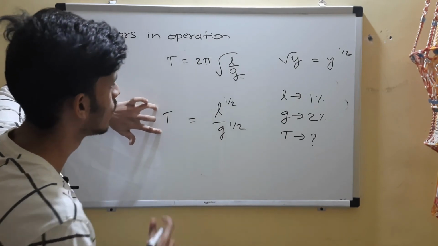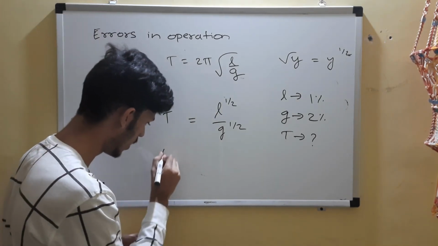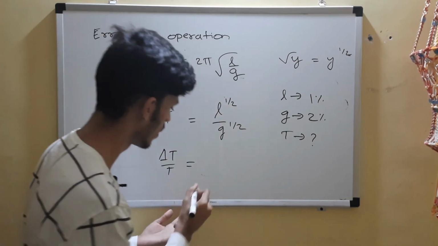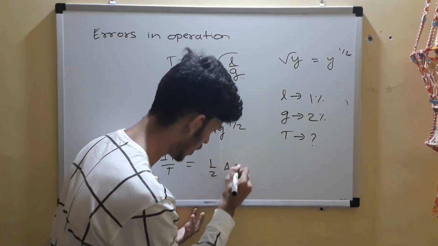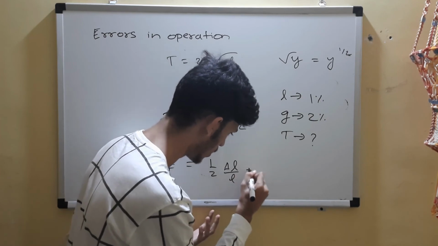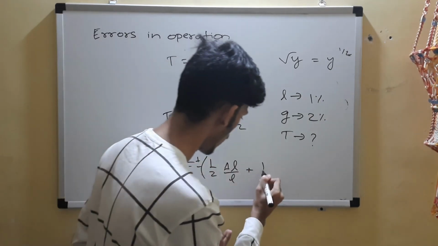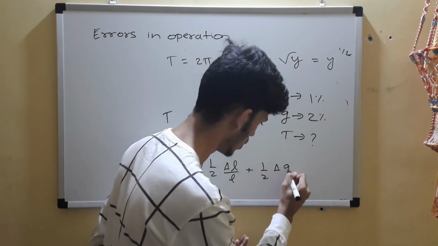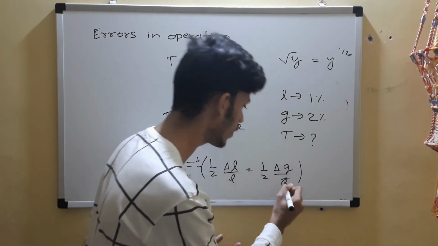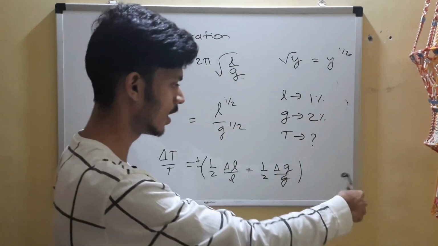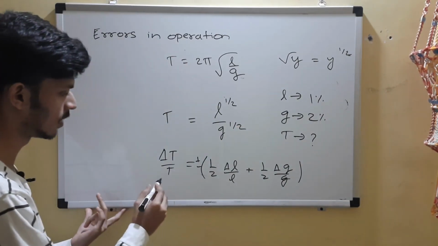So now let's go for the relative error in T. Relative error in T, by the formula we know that it's half into delta L by L plus, obviously errors are plus and minus, and half into delta g by g. Now multiply 100 throughout, since we know the percentage and we want it in terms of percentage.